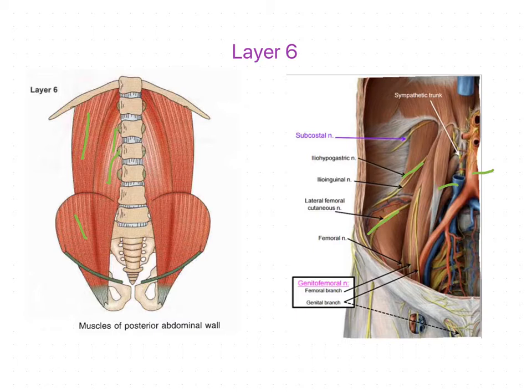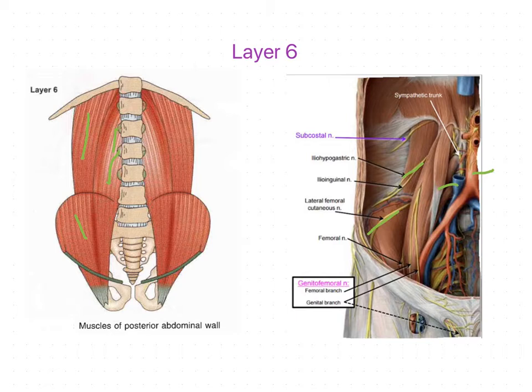Why should you know all these things? There are so many visceral organs inside the abdominal cavity. This is how these visceral organs are arranged from anterior to posterior inside the abdominal cavity, and they are covered by the abdominal wall.